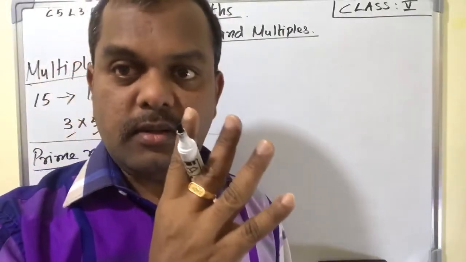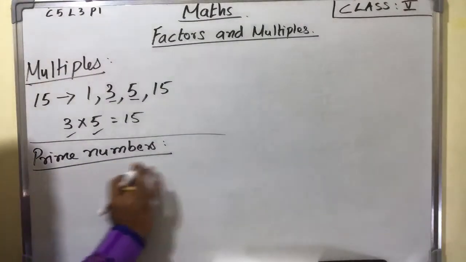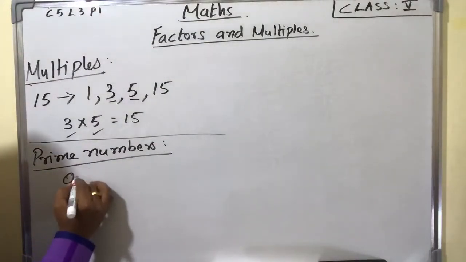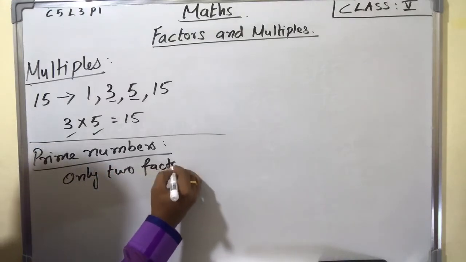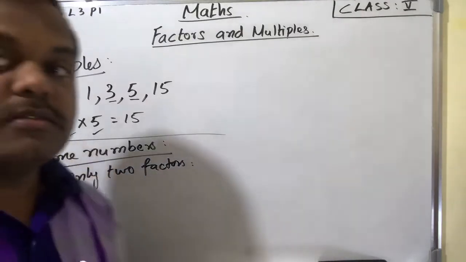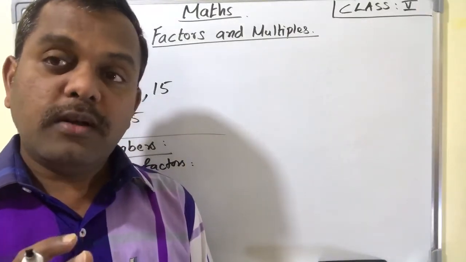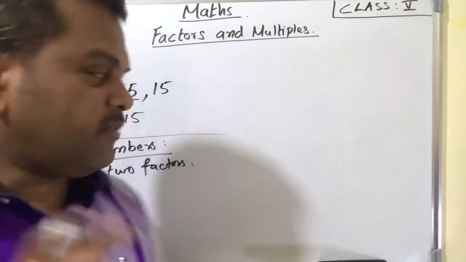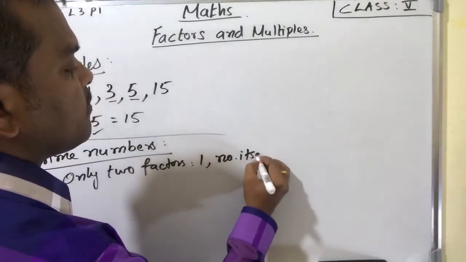Now I am going to explain what prime numbers are. Only 2 factors. Can you guess what the factors are? 1 and the number itself.